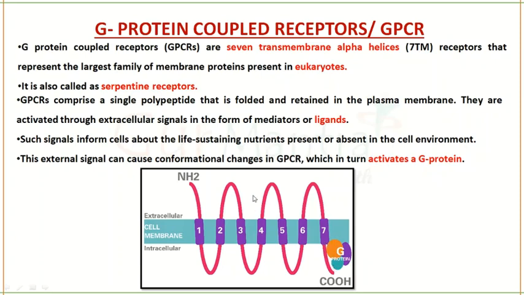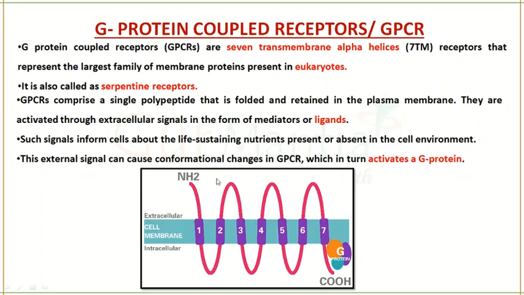When a ligand binds to the receptor, the conformational change of the receptor will activate the G protein here. And you can see the structure of the G protein coupled receptor here.